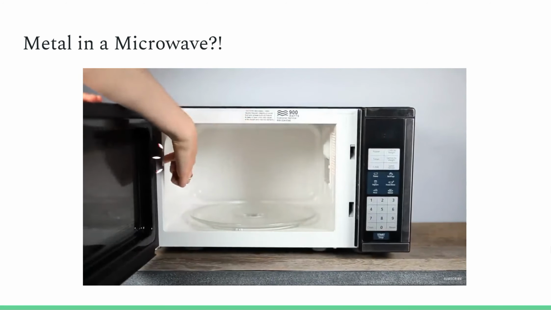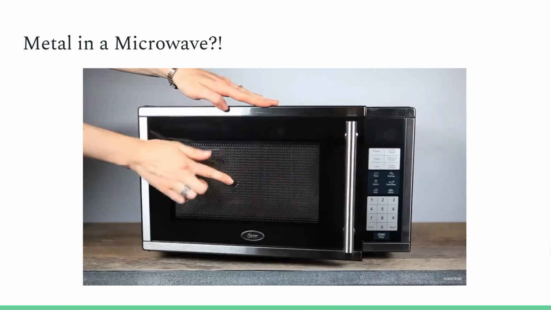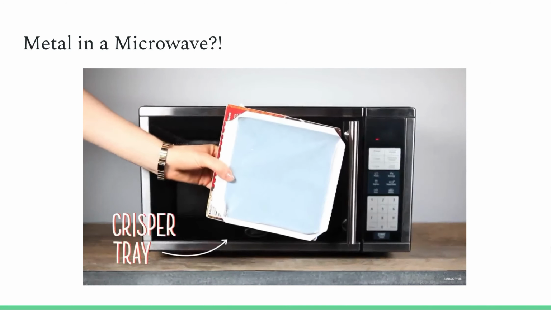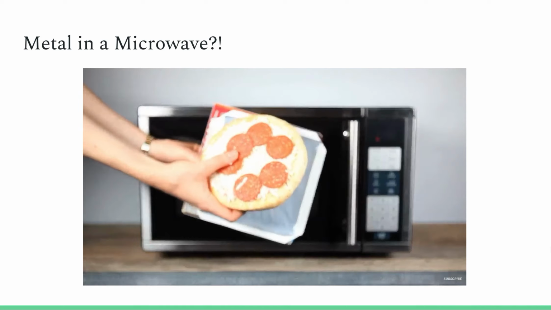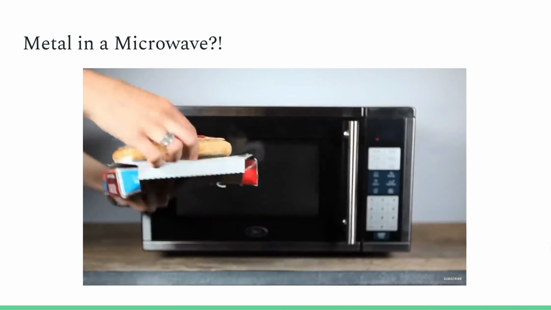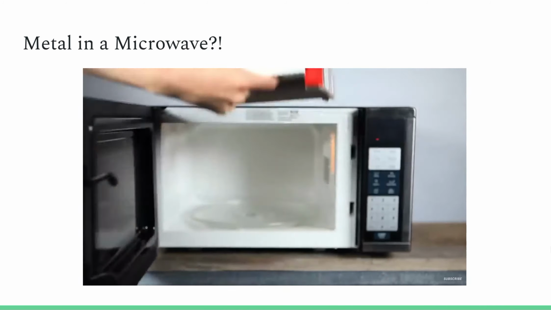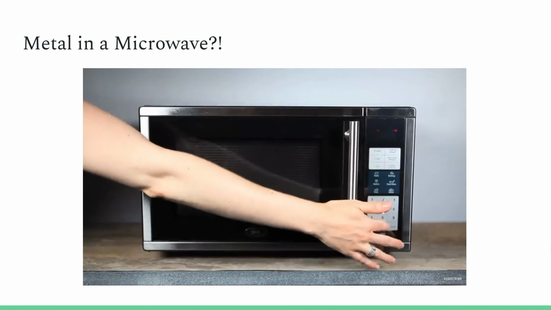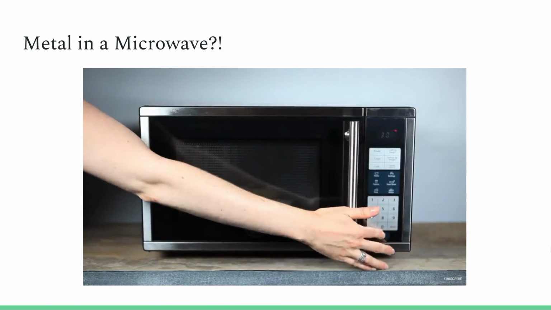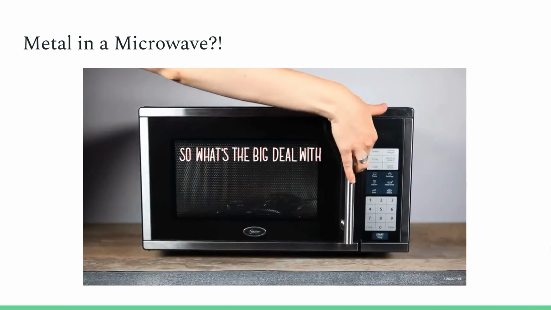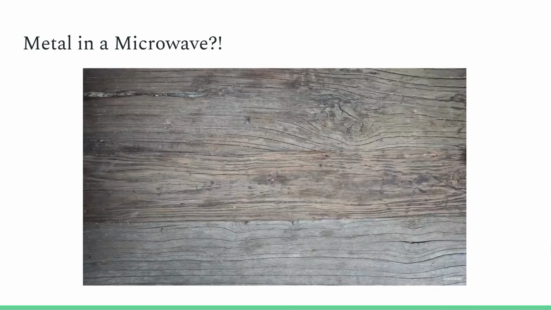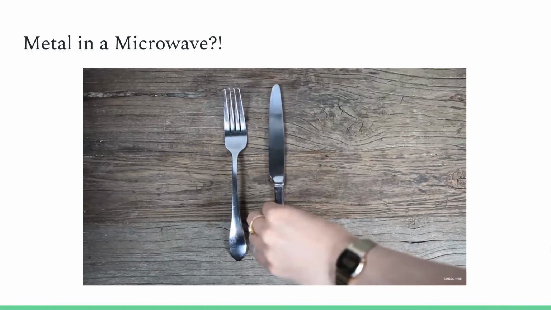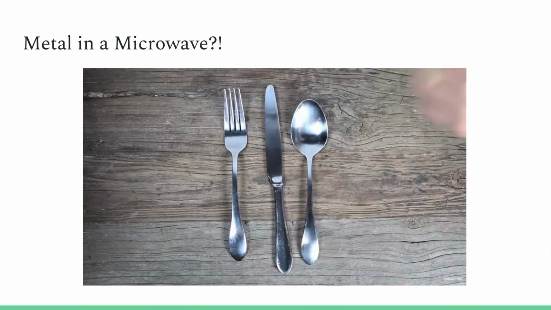Walls and the mesh on the door. Then, of course, there are those crisper microwavable... well, you should never metal in the microwave oven.